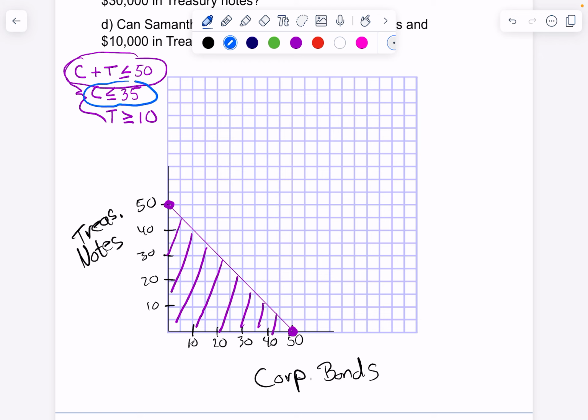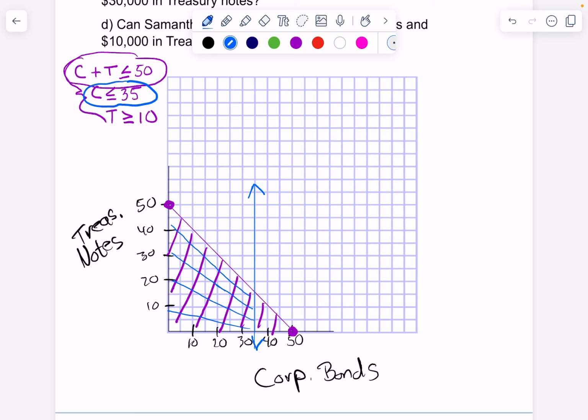We do know that the corporate bonds, though, must be less than or equal to 35,000. So that means we have a vertical line, going through 35,000 here. And it's going to be less than or equal to. So that means it's everything to the left of it. So far you can see a little checkerboard being created.